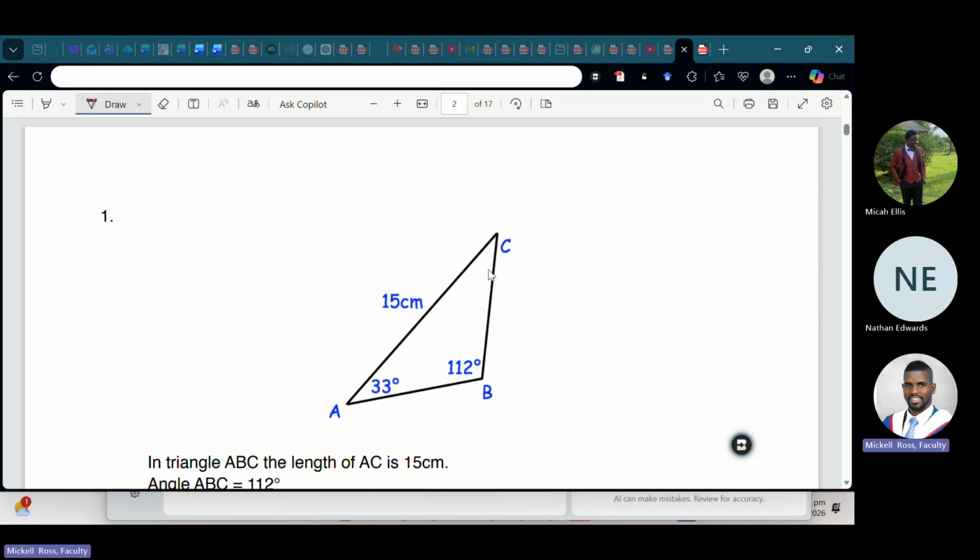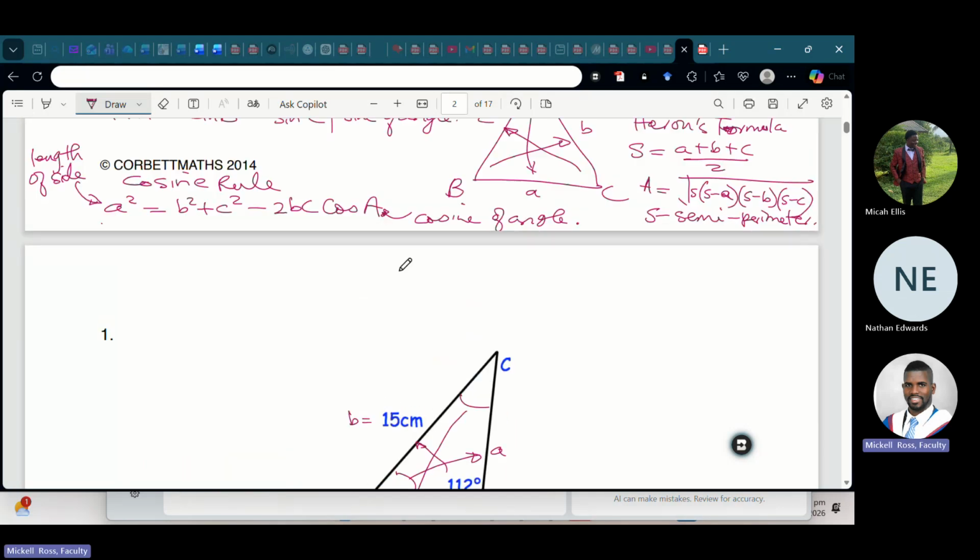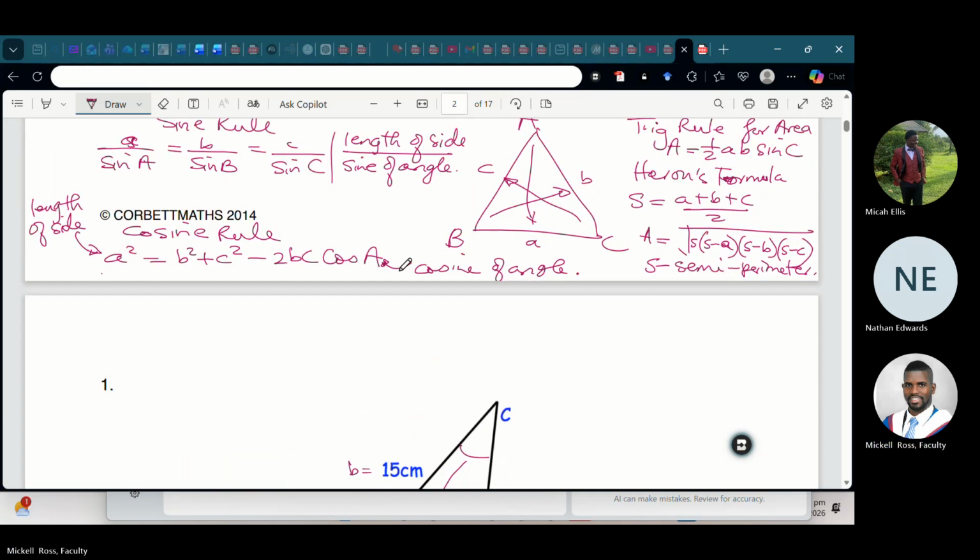Based on this, that's angle C. This is side C. So based on this diagram, when are you going to be using the cosine rule? When do you use the cosine rule? Let's look at this.